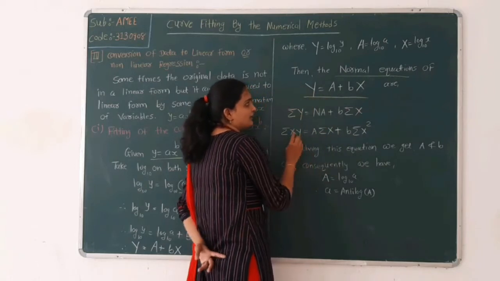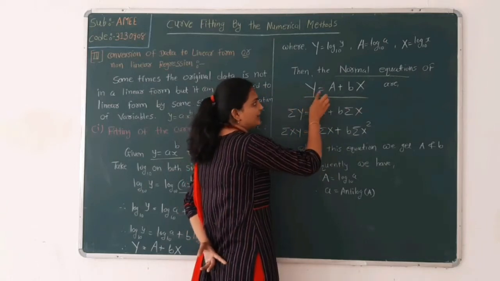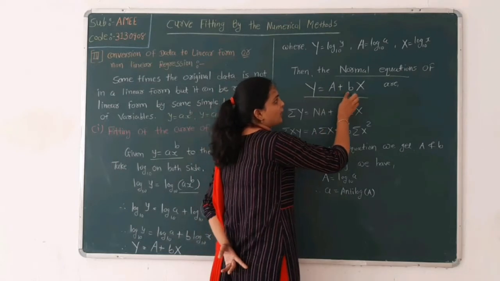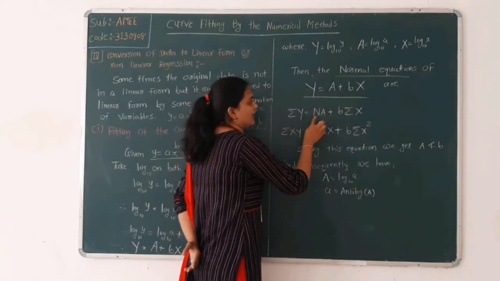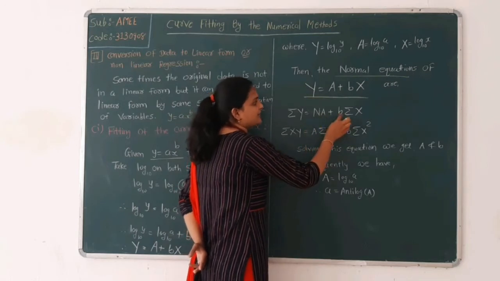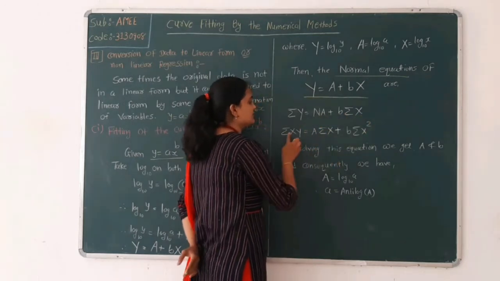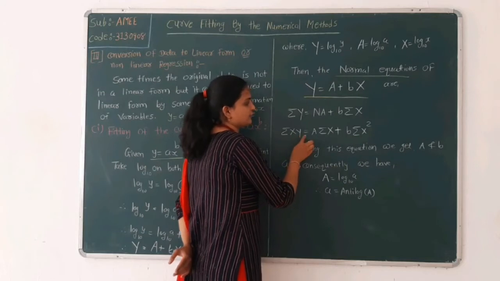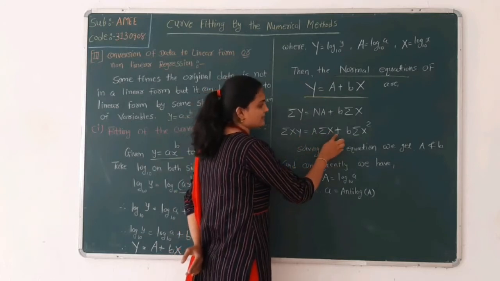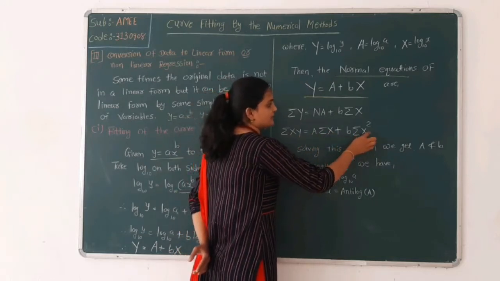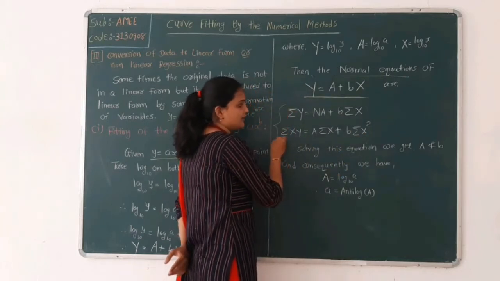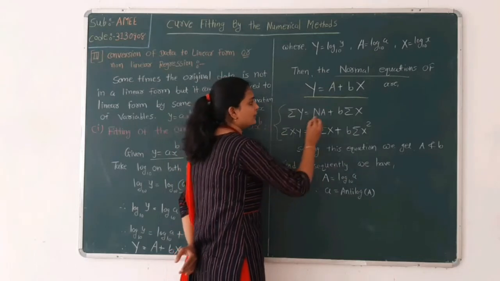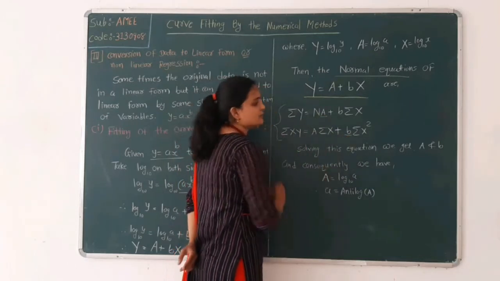The normal equations of capital Y equals capital A plus small bX are summation Y equals nA plus b summation X, and summation XY equals A summation X plus small b summation X square. Now we solve both the equations and get the values of A and small b.